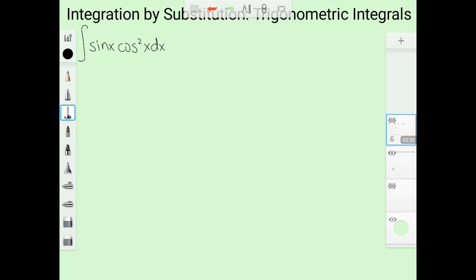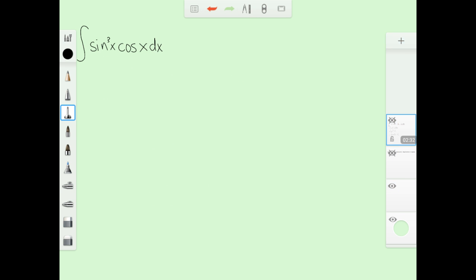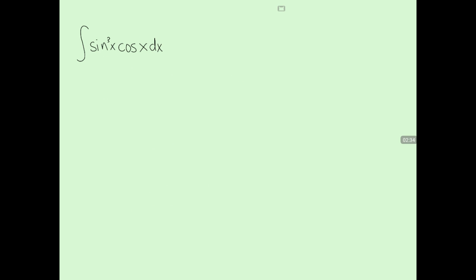This example is going to be the opposite of the previous one, where we have a big power of sine x and one term of cos x. This time, we're going to let u be sine x. Our du is going to equal cos x dx.